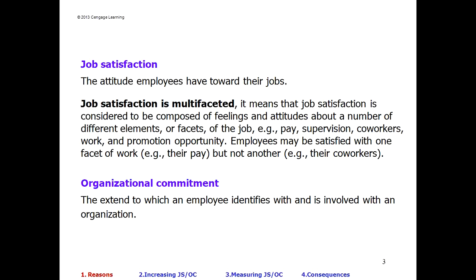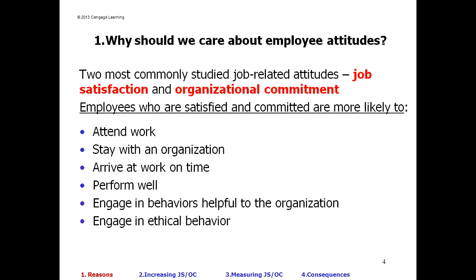Example: pay, supervision, co-workers, work, and promotion opportunities. An employee may be satisfied with one facet of work, for example their pay, but not others, for example co-workers. Now, organizational commitment is the extent to which an employee identifies with, that is, is involved within an organization.